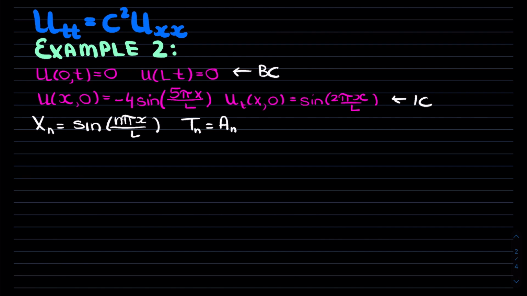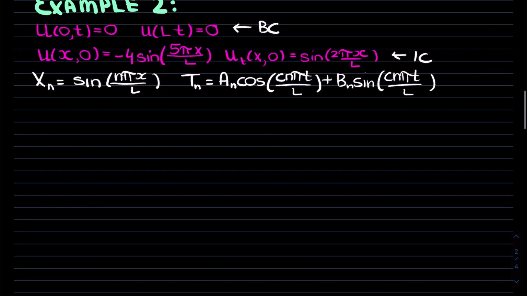So a of n cosine c n pi t over L plus b of n sine c n pi t over L, where a n and b n are some constants. You should write that, but I'm saving time here.